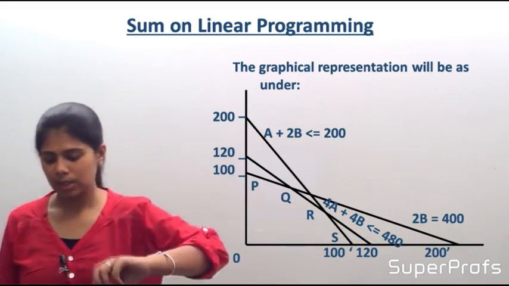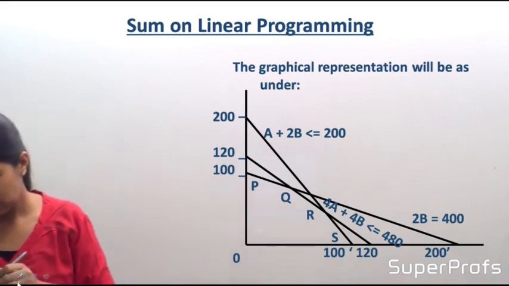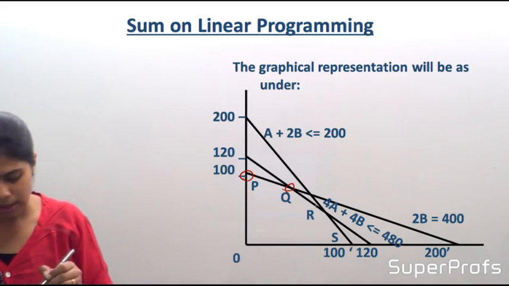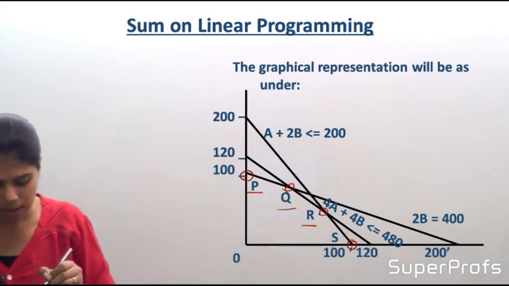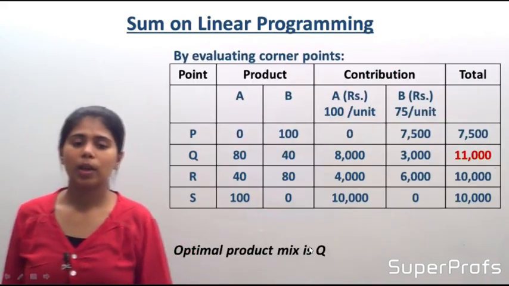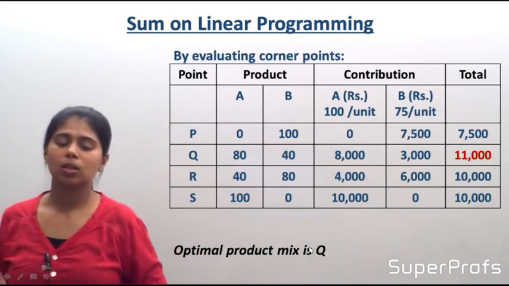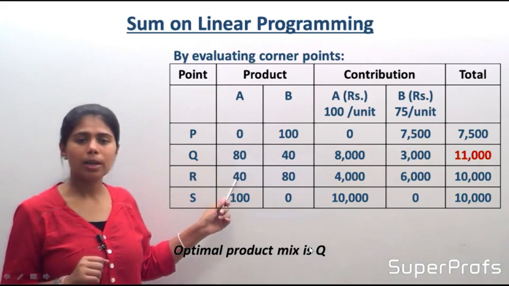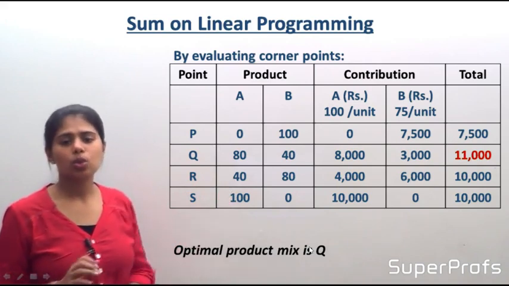Now out of these, if you see, these are the extreme points that I have identified: P, Q, R and S. We identified P, Q, R and S as the coordinates 0, 100, 80, 40, 40, 80 and 100, 0. So those are the coordinates.